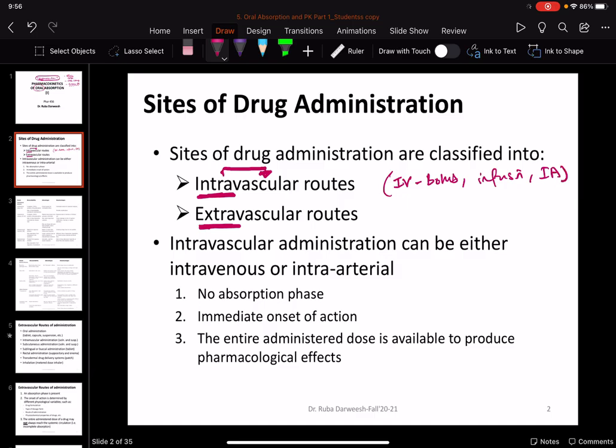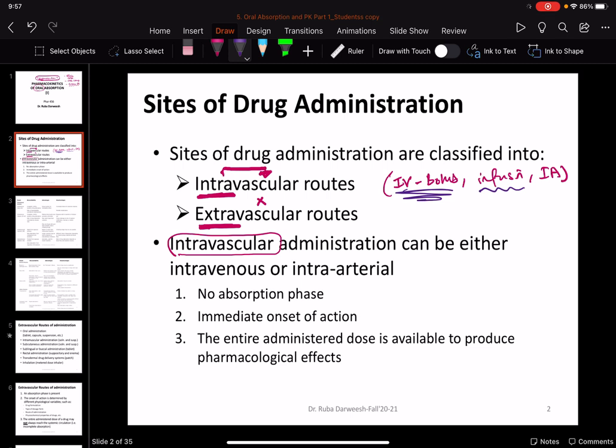Extravascular means that it's outside the vascular system. So anything that is extra or outside the vasculature is called an extravascular route of administration. We had an example of an intravascular route, the IV bolus, so far, and we will talk about IV infusion later.